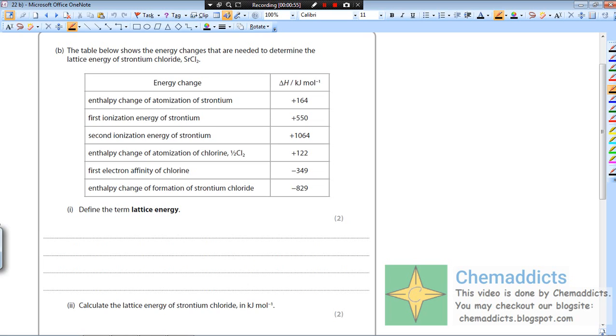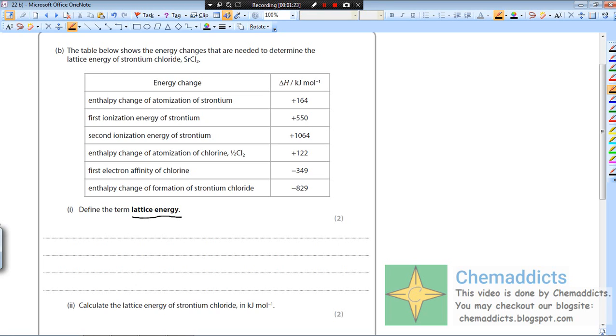This is the enthalpy change of atomization of strontium, first ionization energy of strontium, second ionization energy of strontium, enthalpy change of atomization of fluorine, half F2, first electron affinity of fluorine, enthalpy change of formation of strontium fluoride. Okay, so here at first they have asked us to define the term lattice energy.